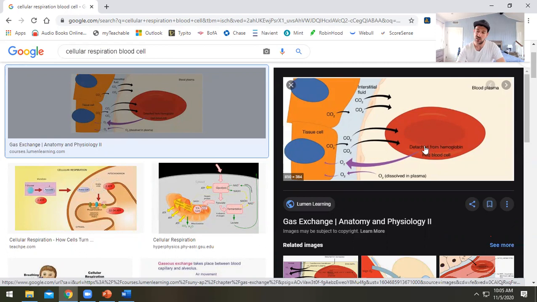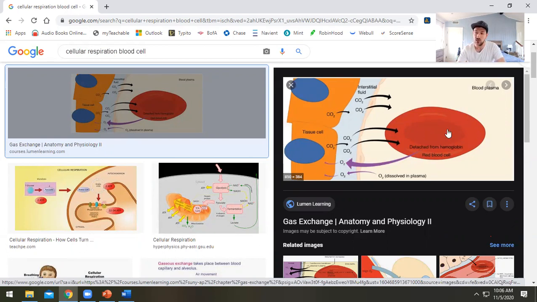Now that oxygen is going to be drawn to your tissues, to the cells. And your cell, because it just got done using that oxygen, now has some carbon dioxide, some CO2, as a byproduct. So it's going to spit out CO2 and that's going to be picked up by your blood cell.